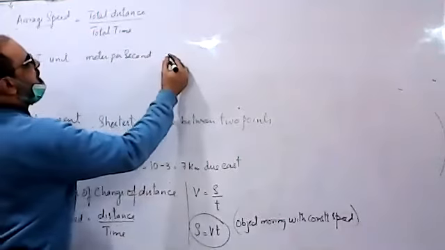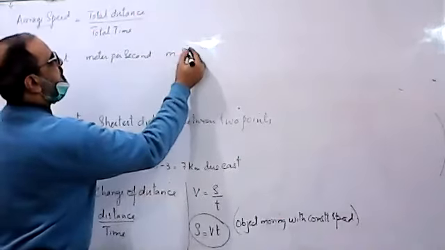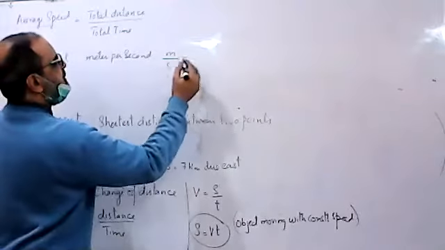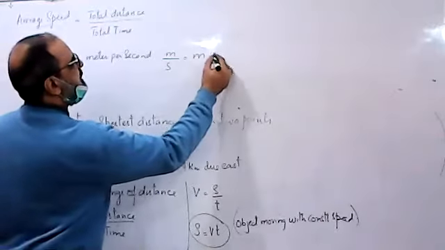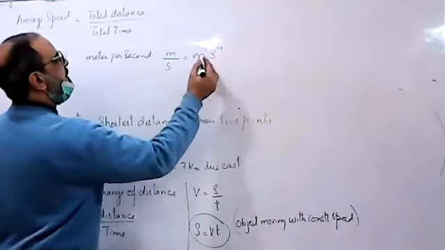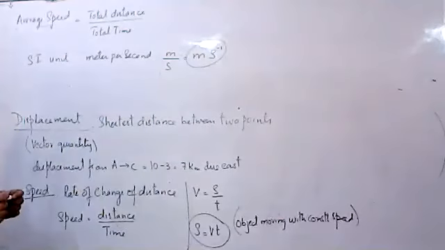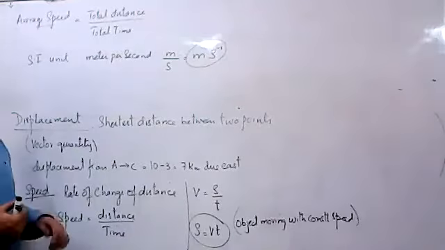Instead of writing m over s, we write it as m s to the power minus 1. So remember, this unit for the speed is m s to the power minus 1. Actually it is meter per second. And the average speed formula will be used when the object is not moving with constant speed.